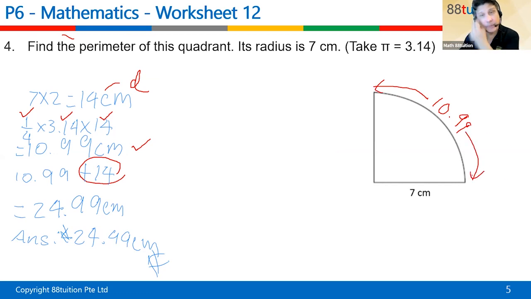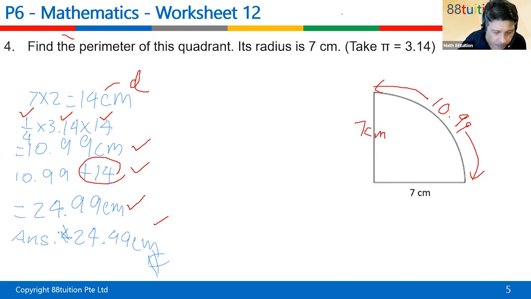Then of course we needed 2 straight lines. The 2 straight lines are actually the radius, so it is 7 and 7. That's why there's the 14. So that's correct. She gets 24.99 centimeters. All right, well done. So question 4 is also done correctly.